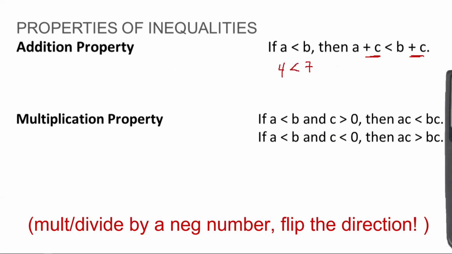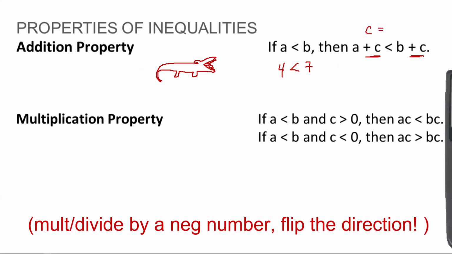I don't know if this helps or not, but when I was in grade school, I had a teacher and she said, "Oh, all you got to do is think about that sign as an alligator, and the alligator's always trying to eat the bigger number." Okay. So right there, the alligator mouth is toward the 7. That's the bigger one. Let's think about what happens if I take another number.